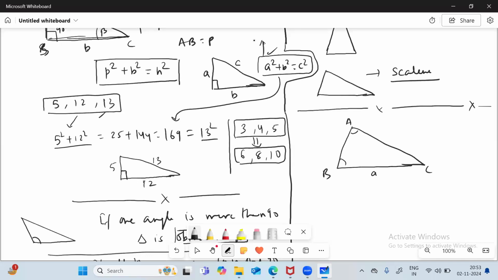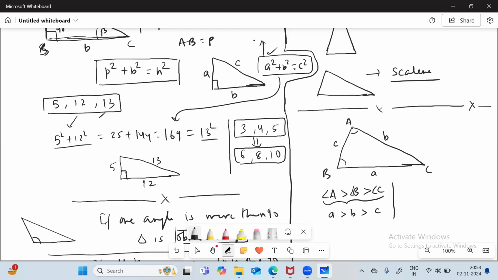The side in front of B, we'll call small b, and then small c. And if angle A is greater than angle B and angle B is greater than angle C, then side a is greater than b and greater than c.